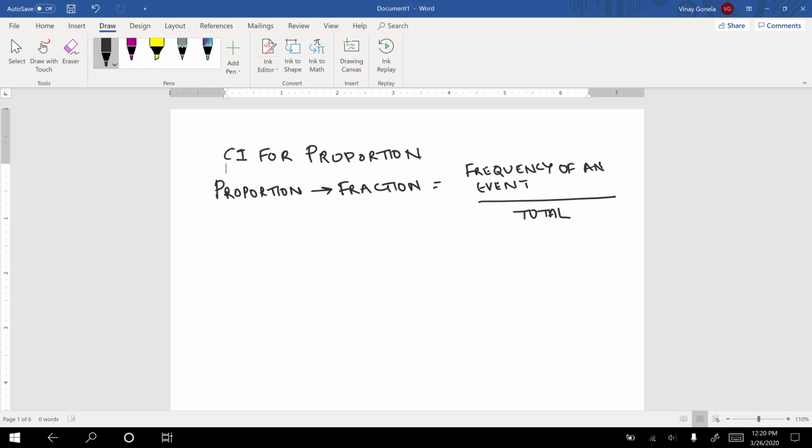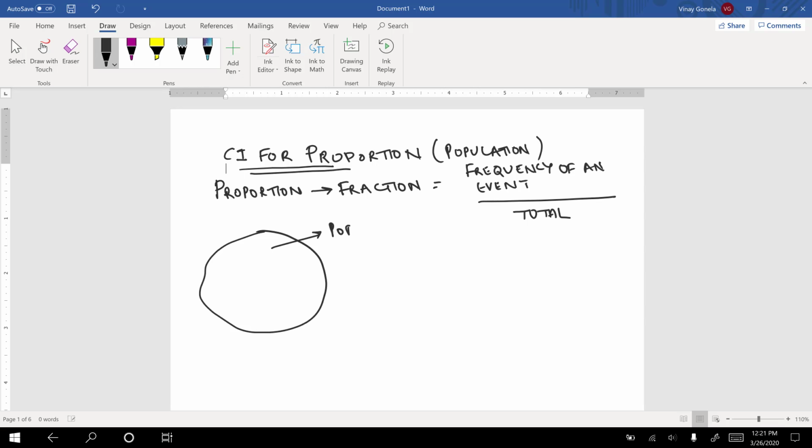And when I say confidence interval for proportion, I'm referring to the population. We have previously discussed, if this is the population, the population proportion is usually represented by P.